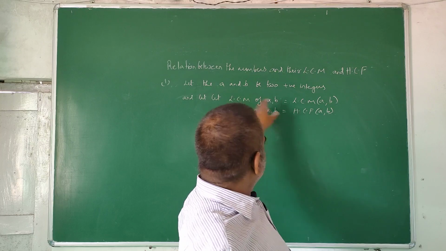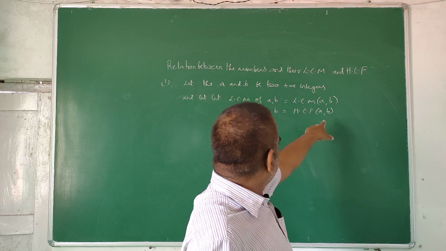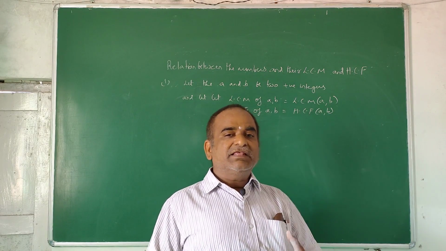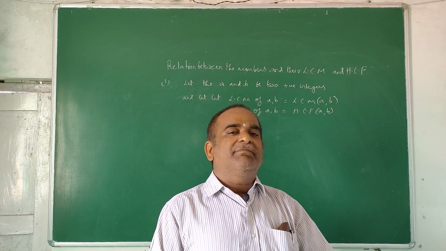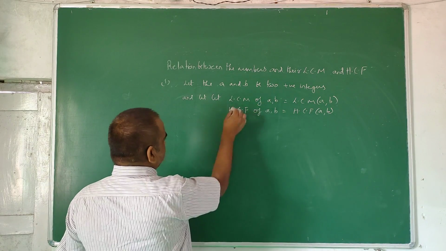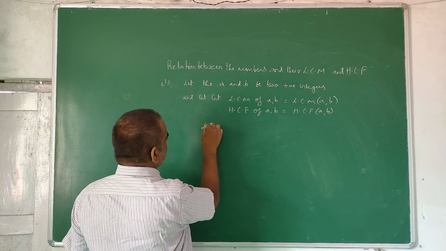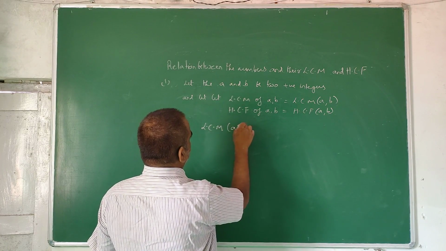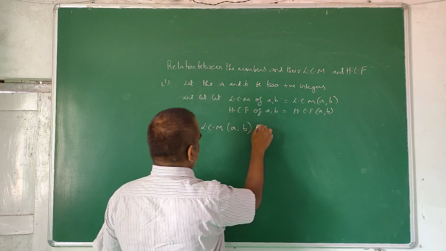Then the relation between the given numbers A and B and their HCF and LCM is that the product of LCM and HCF is equal to the product of the numbers.